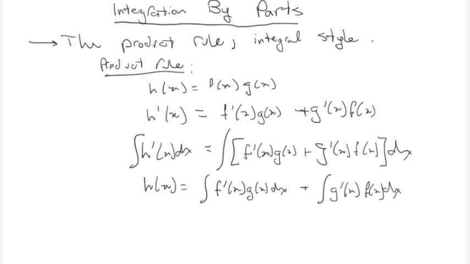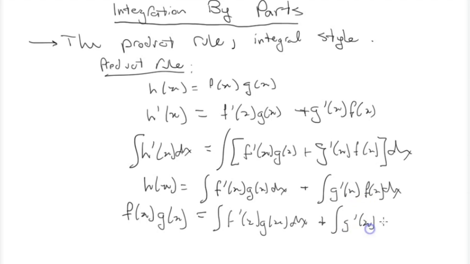Now we've got h of x is equal to the sum of these two integrals right here. Well, h of x is just equal to f of x times g of x. And that's equal to the integral of f prime of x, g of x, dx, plus this integral, g prime of x times f of x dx.